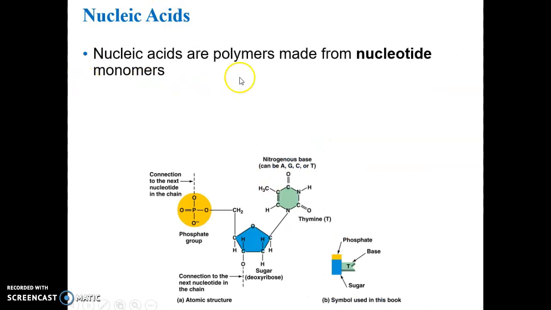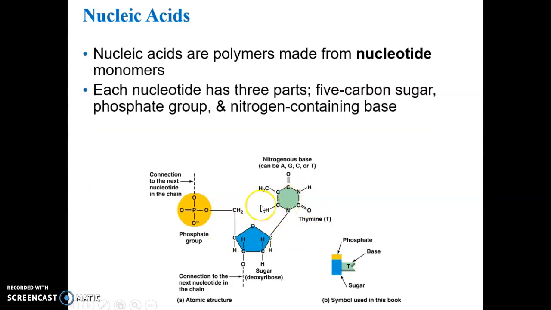So nucleic acids, like proteins and carbohydrates before, are polymers made up of unique monomers that are called nucleotides. And here's a nucleotide right here. Don't worry about knowing the specific structure, but just know that each nucleotide, and there's 4 different types of nucleotides, has 3 basic parts.